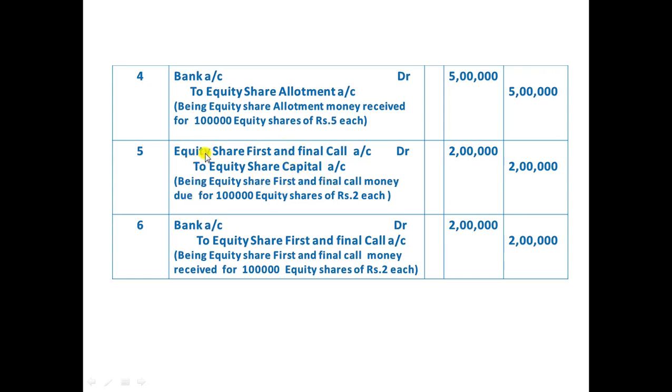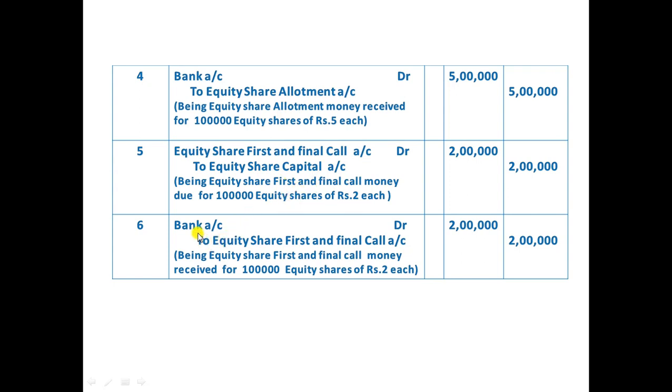Okay, so equity share first and final call account debit 2 lakhs and to equity share capital account 2 lakhs. So first and final call money is transferred to capital as a due. So we should write as narration: being equity share first and final call money due for 1 lakh equity shares of rupees 2 each. This particular first and final call money the company is going to receive from the shareholders.